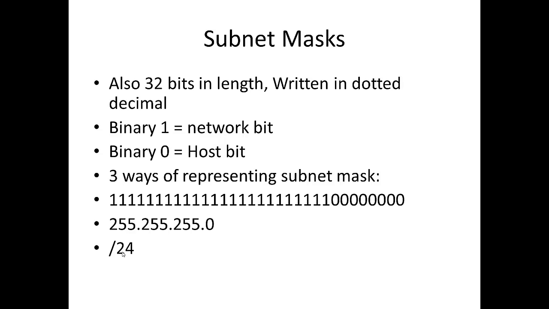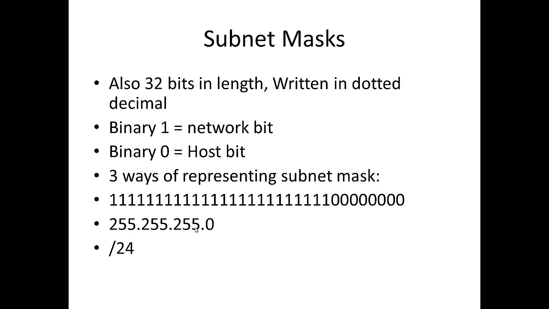So these all mean the same thing. This is how we write a mask in binary. All these ones up to this point mean the network address finishes at this point, and the host part of the address is all the zeros.